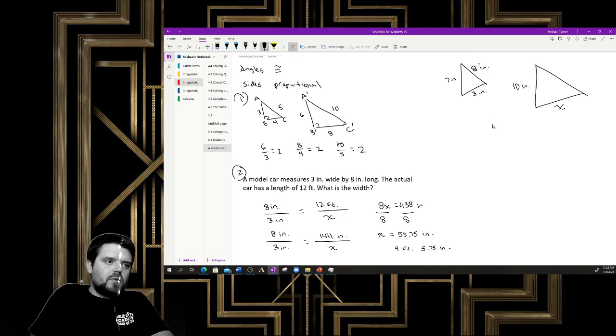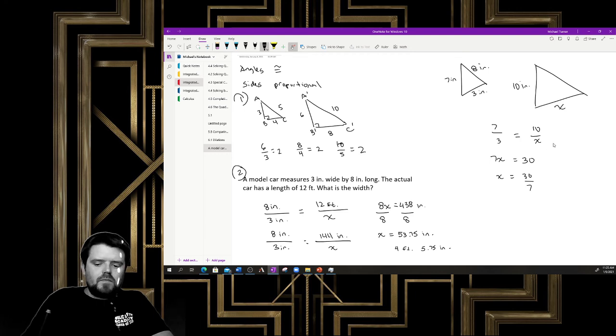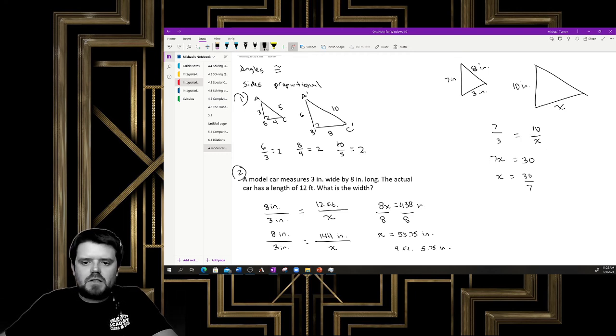Here you want to set up the sides that are similar. So 7 is to 10, as 3 is to x. So I'm lining up my corresponding sides. Then it's cross multiplication, 7 times x, 3 times 10. Divide by 7. And again, depending on the directions, it might say that you can leave it as a fraction.